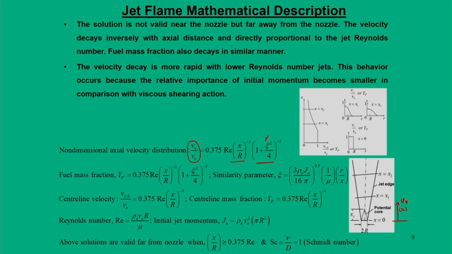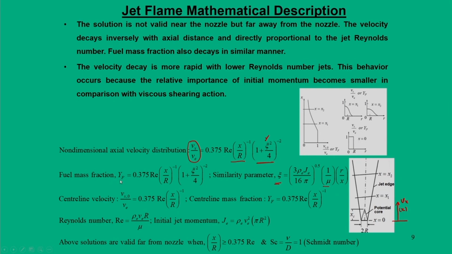The similarity parameter that controls both simultaneously is defined by zeta, and this zeta is correlated with viscosity, R by x, and the initial jet momentum, rho e. With this similarity parameter we derive the expressions for the non-dimensional axial distributions for velocity and fuel mass fractions.